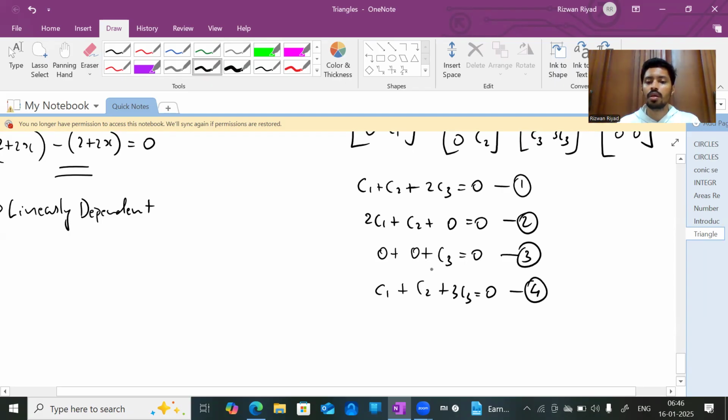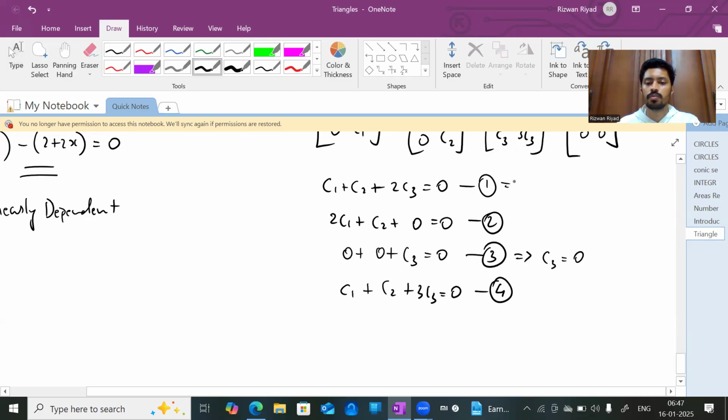So from equation 3, we can directly take C3 equal to 0. If we substitute that value of C3 into equation 1, this becomes C1 plus C2 equal to 0.